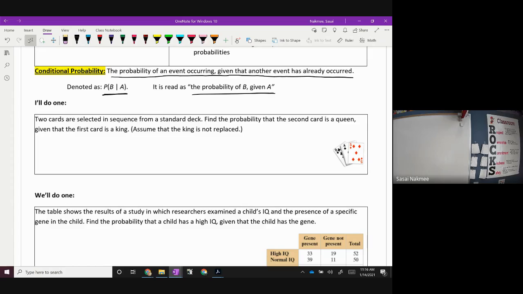Shoot. I don't really need the deck of cards, but I feel like it would make my point a little bit better. Give me one second, guys. I don't know where I put my deck of cards. There you go.